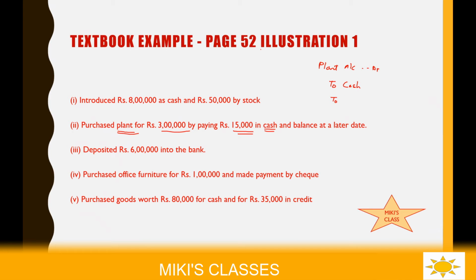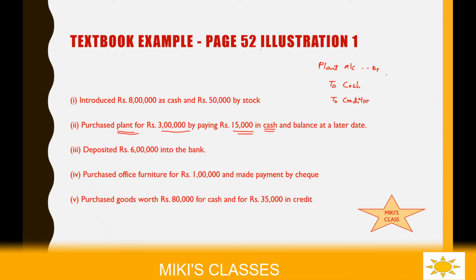And the other thing which has happened is the liability. The liability also has gone up, isn't it? Purchase plant for 3 lakhs by paying 15,000. The rest has to be paid later. So which means to the person from which this plant has been purchased, a payment has to be made. So this will be to creditor, whoever is a creditor, because the name is not given in this transaction.